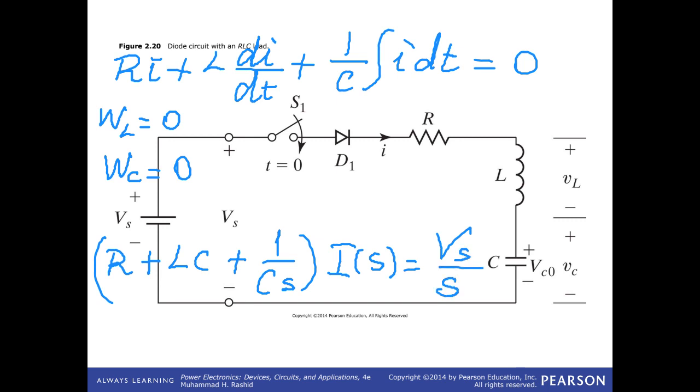So I(s) is equal to Vs over L S square plus R S plus 1 over C.